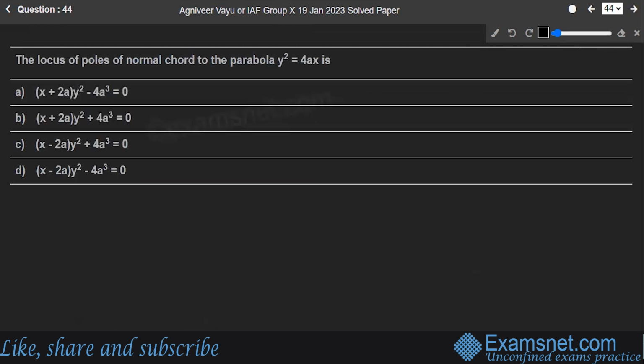Locus of the poles of the normal chord to the parabola y^2 = 4ax is given by.